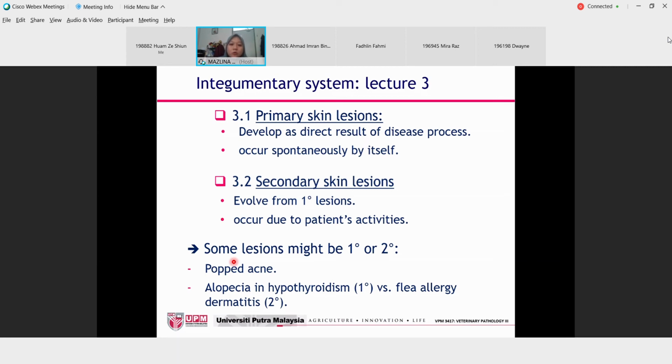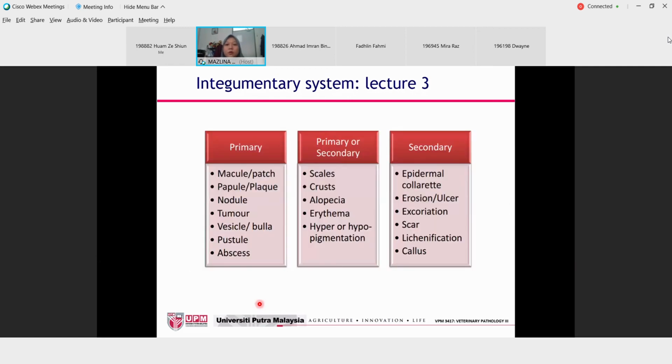So with this alopecia, because of the scratching, the hair will be scratched or removed from the body. So the resultant alopecia is because of the activity of the patient, not the direct result of the flea. Again, that's why you might see some variation in the classification of primary or secondary or even both skin lesion.